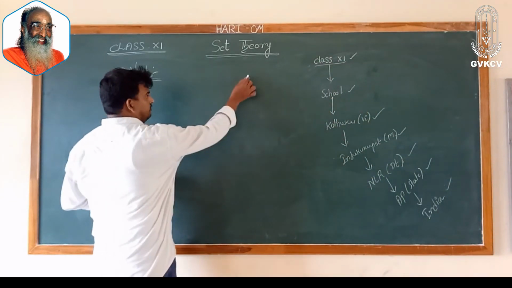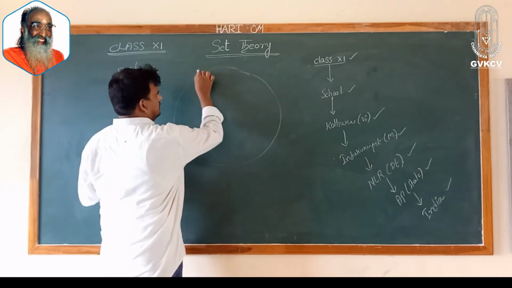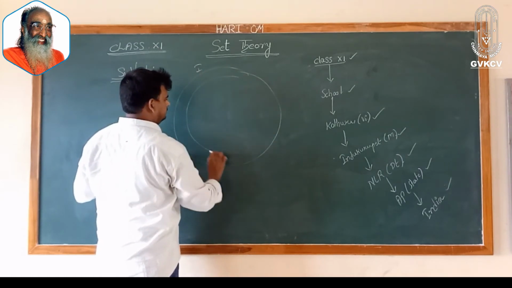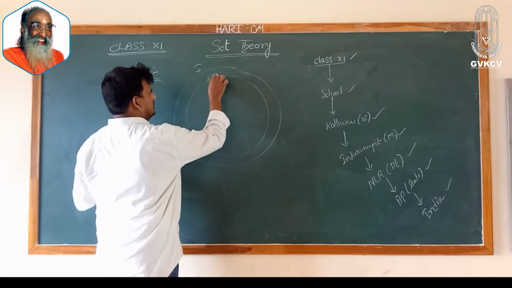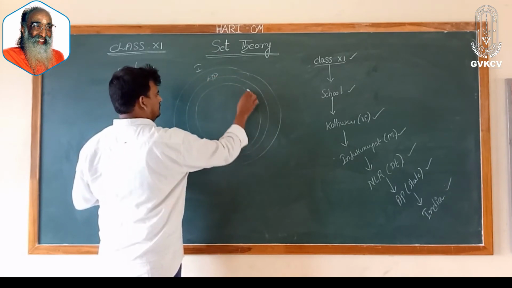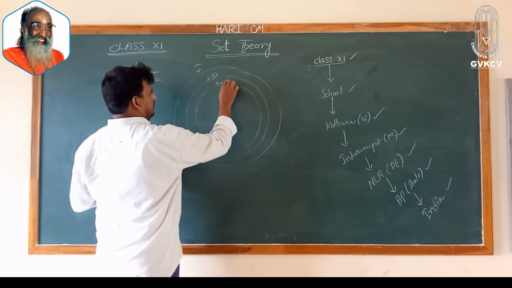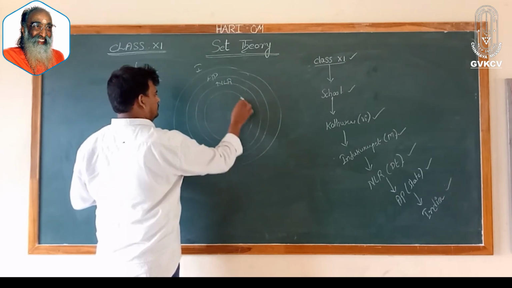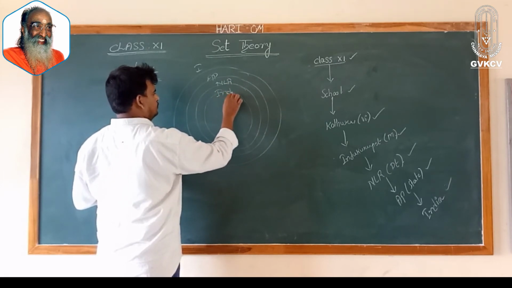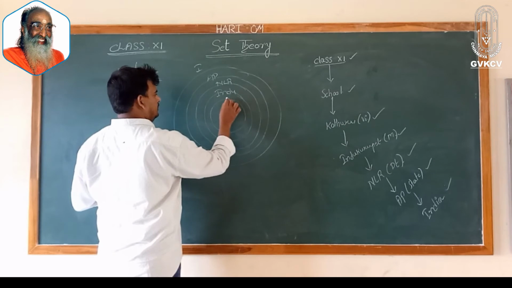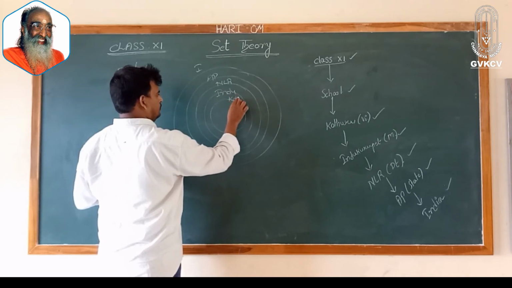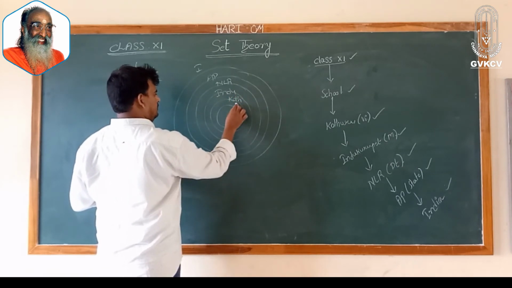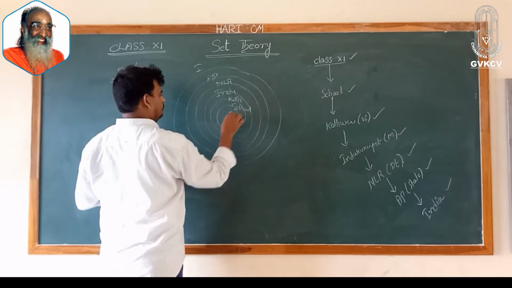Means we have first India. In that we have AP. In that we have Nellore. In that we have Hindupet. In that we have Kottur. In that we have school.